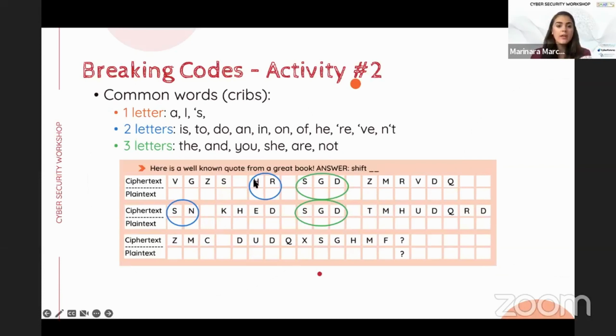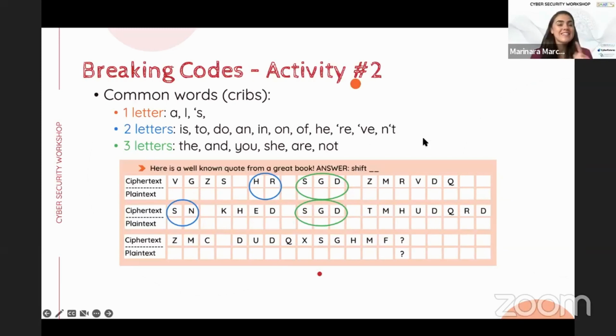We can try matching H and more with is or to do, and see would that work for this example. Eventually you're going to see, oh, this word means this. Make sense to everyone? I can see you're working through your activity sheets, which is great.